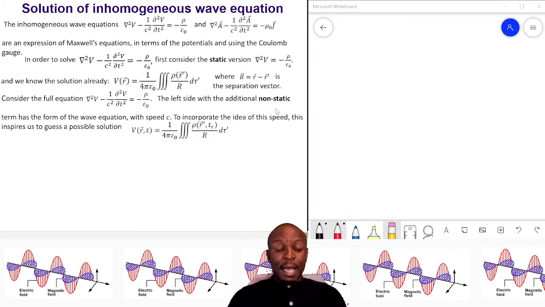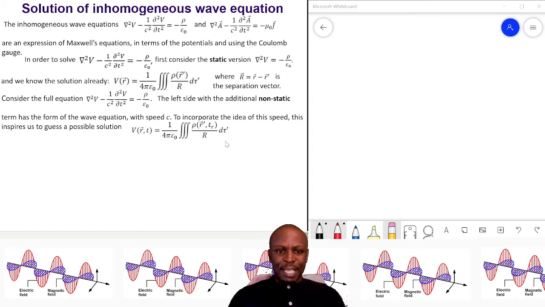Now if we consider the full inhomogeneous wave equation, on the left side you have the additional term of the non-static case, which is this term here. Because we can also see that there's a speed of light there, this will force us to incorporate the idea of this speed.